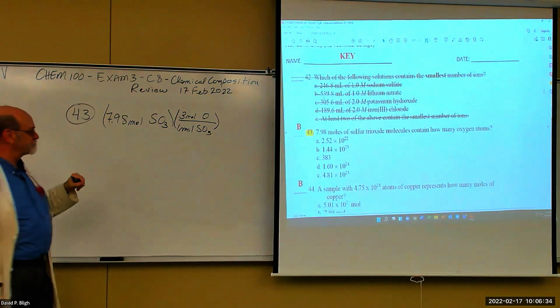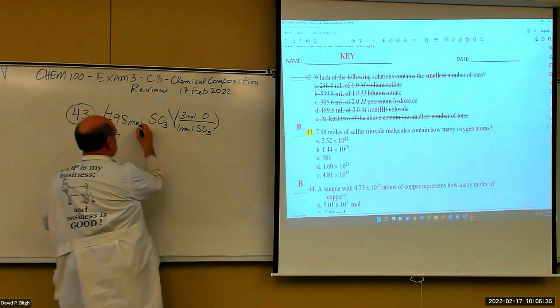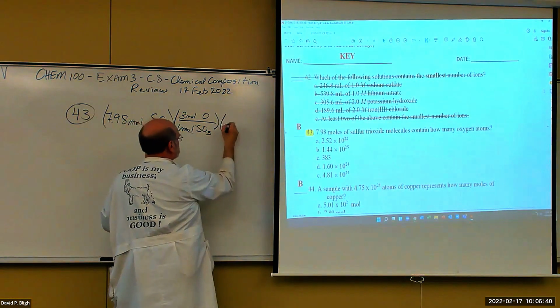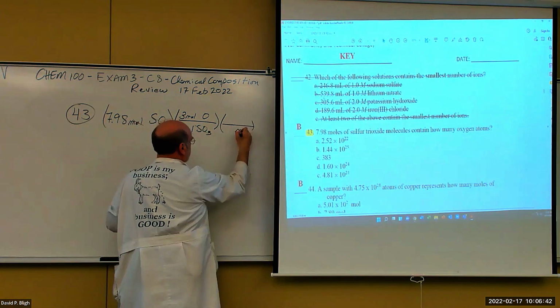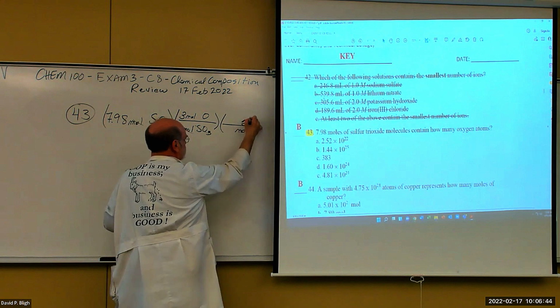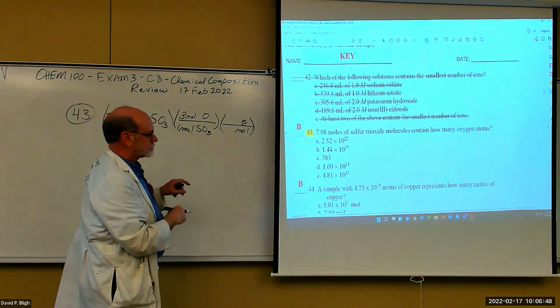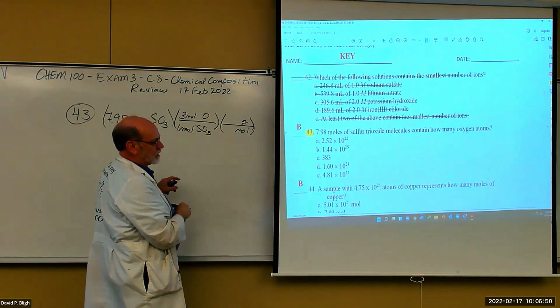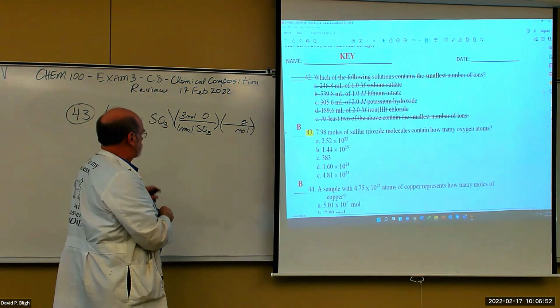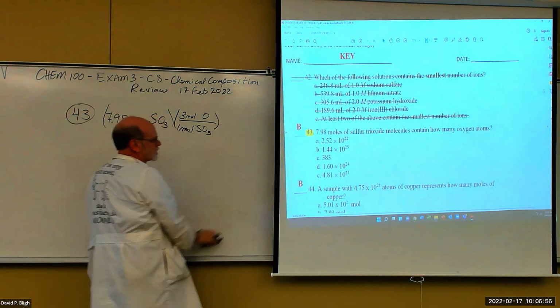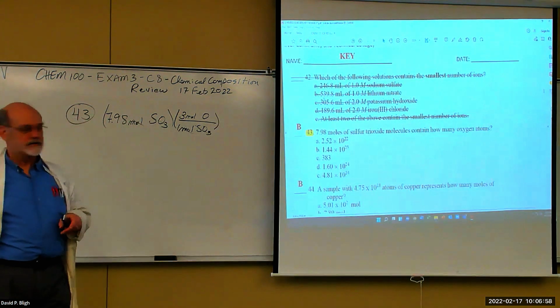Correct? Now that we've gotten rid of moles of sulfur trioxide, all we need is the molar mass of oxygen. I think that's a simpler way to do it. How many oxygen atoms are there? Well, actually, that's as far as we need to go. I was reading something into that problem that doesn't exist.